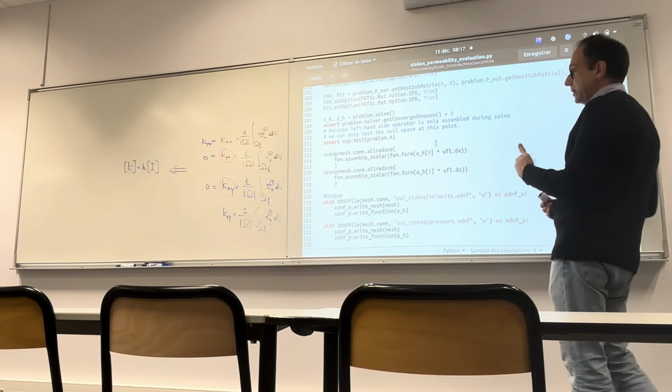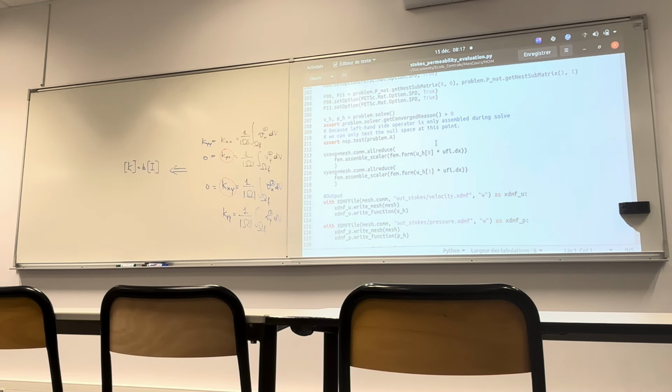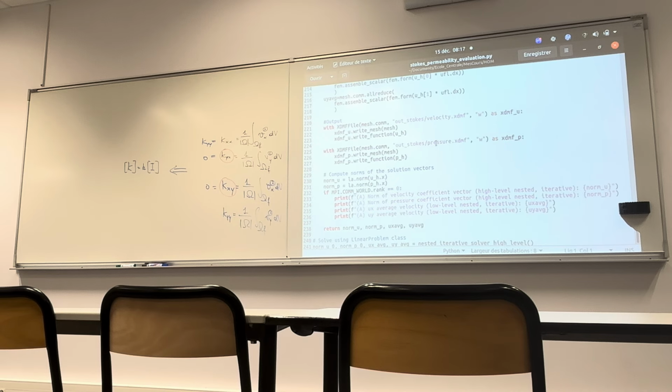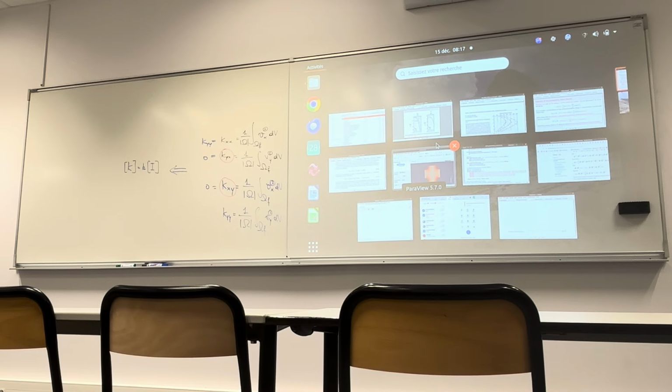So the output that you get from this script is giving you the average velocity for x and y. So for instance, if we run this.